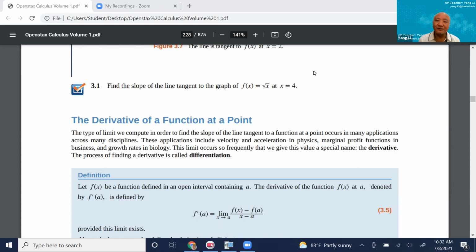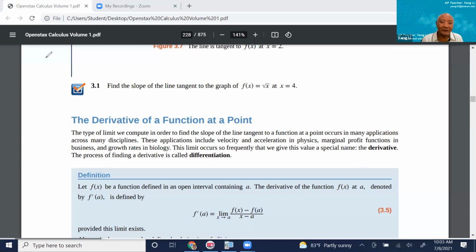Today, in this book, we have 3.1, here it's called check. When I put a check here, it means you got to do it by yourself to check if you understand or not, okay? And here, I just show you how to use the method we learned and apply it to this question, okay? I'm going to show you in two ways.